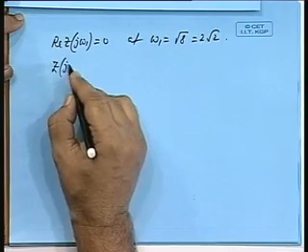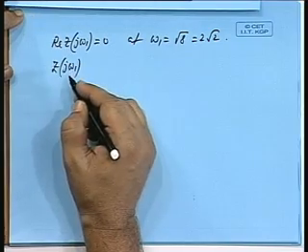Once you have traced that frequency omega 1, calculate Z(j omega 1), that will be the imaginary part, is it not?